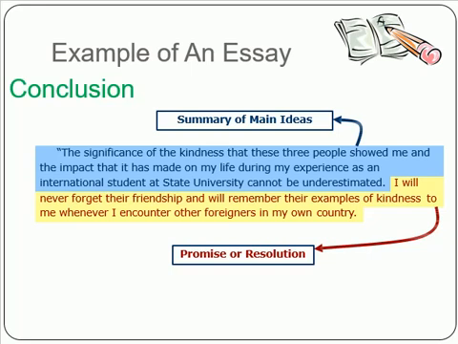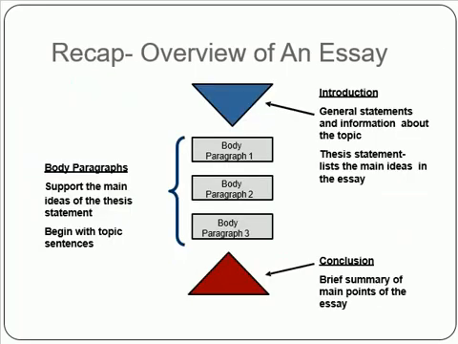So this is the short recap on essay writing: before embarking on writing an essay you should have a very clear conception of how you will write the essay. So I'm going to have a recap at the end. Look at this diagram: in the introduction, general statements and information about the topic are provided. A thesis statement is provided, which lists the main ideas in the essay.